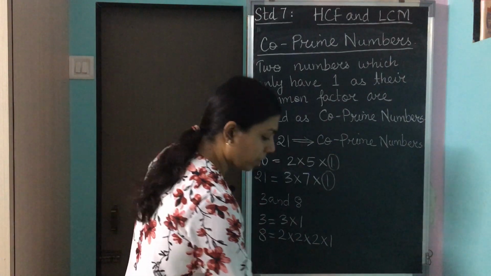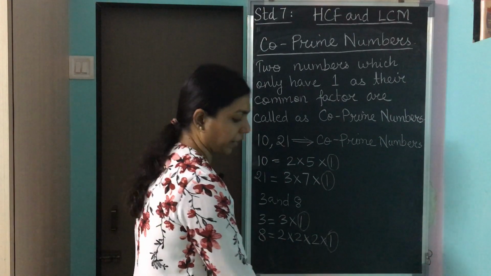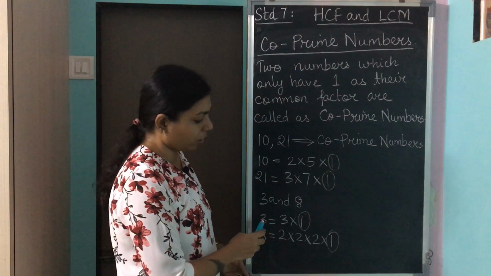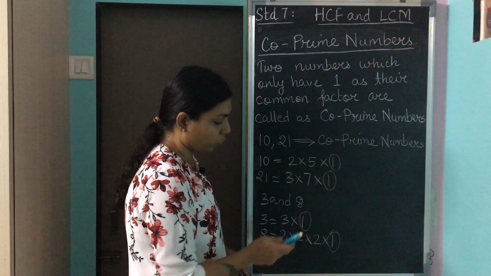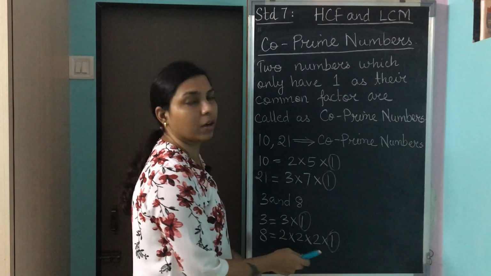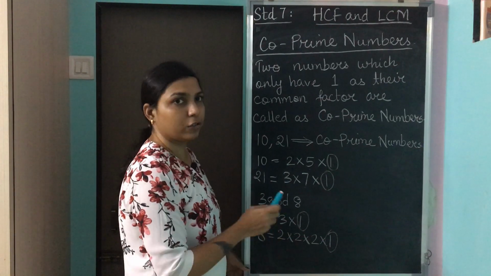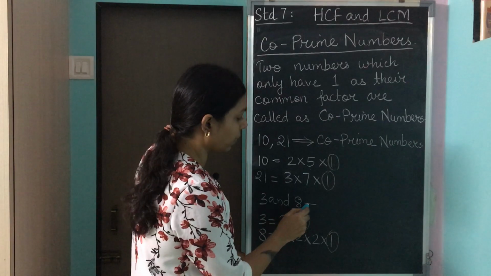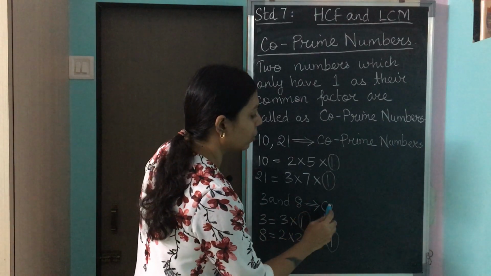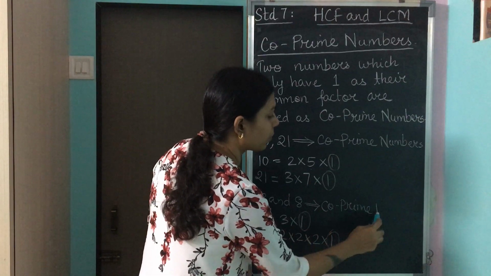So anything common between them? Only the number 1 again, right? When we broke down 3, we got 3 into 1. When we broke down 8, we got 2 into 2 into 2 into 1. So what is common between them? Only the number 1. So here we can say that 3 and 8 are co-prime numbers.